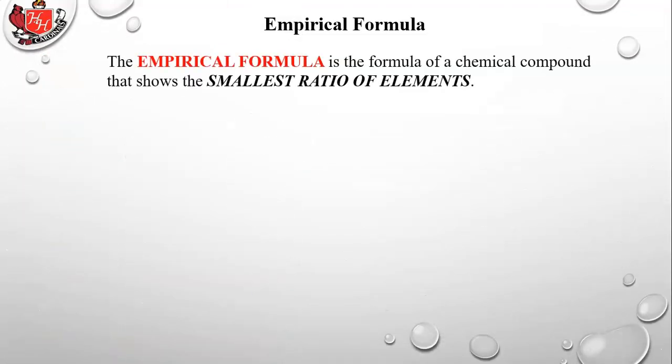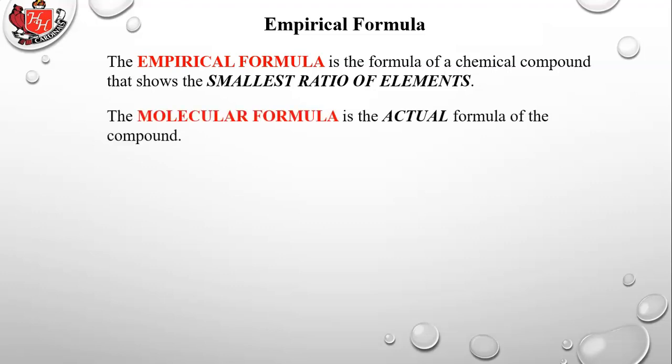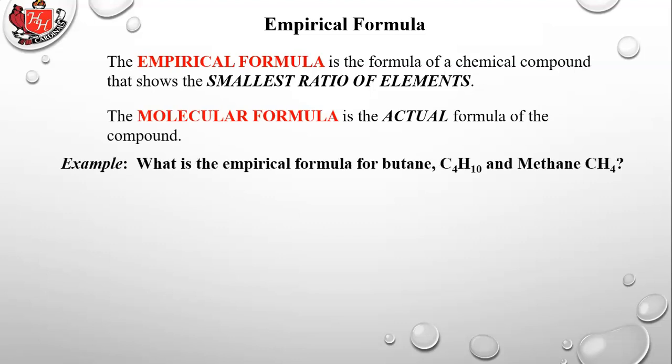The empirical formula is the formula of a chemical compound that shows the smallest ratio of elements. That's what you saw on the last slide. The molecular formula is the actual formula of the compound. So we're repeating that to be sure this is a clear concept. So what is the empirical formula for butane? C4H10. See if you can do that one.